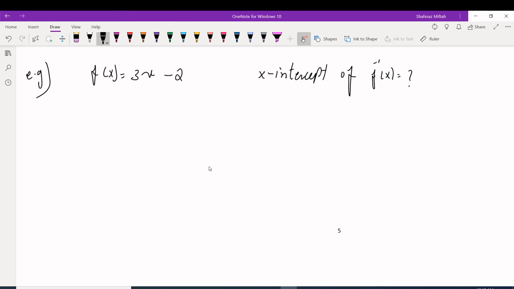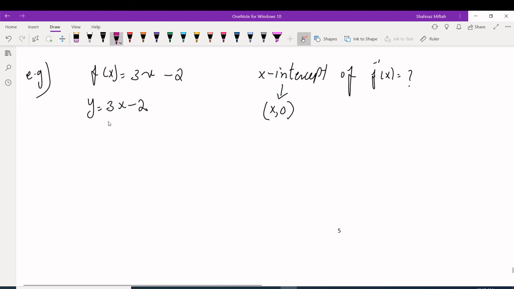So what does x-intercept mean? X-intercept means when y is always 0. Okay, so I can't find the x-intercept unless I get the inverse first. So I'm going to change that to y equal 3x minus 2. This f of x, I changed it to y, and that's exactly what it means.